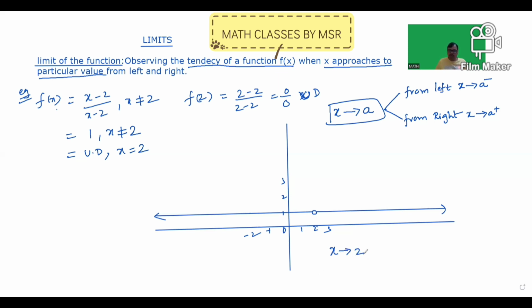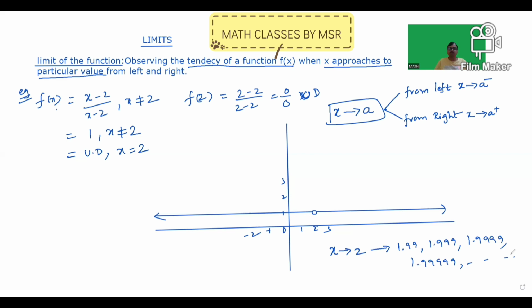All the values of x which are smaller than 2 and very near to 2. Smaller than 2 and very near to 2 means 1.99, 1.999, 1.9999, and so on.